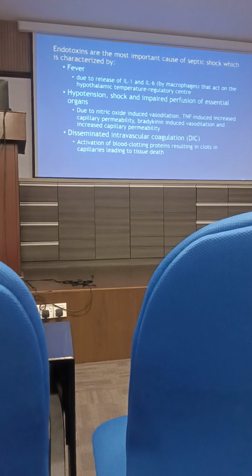So how do they act? They cause septic shock, which is characterized by fever, hypotension, and DIC, disseminated intravascular coagulation. This is caused by blood clots in the capillaries, which can cause tissue death. The reaction caused by endotoxin, the septic shock, is mainly due to the release of inflammatory cytokines from the host immune cells.